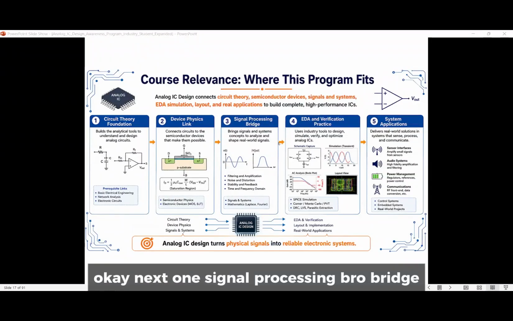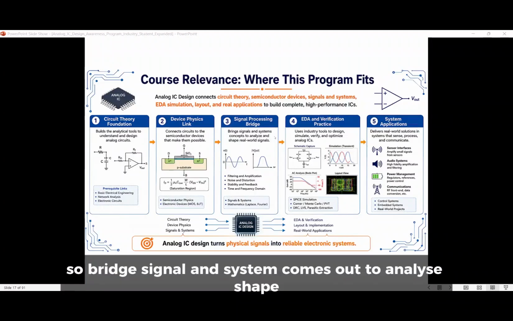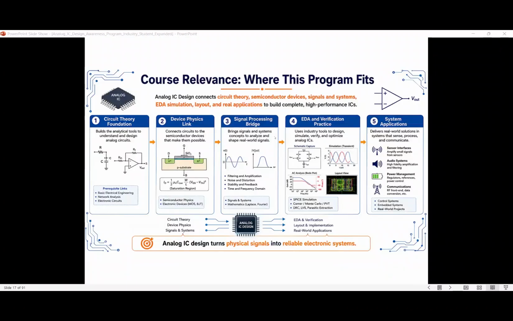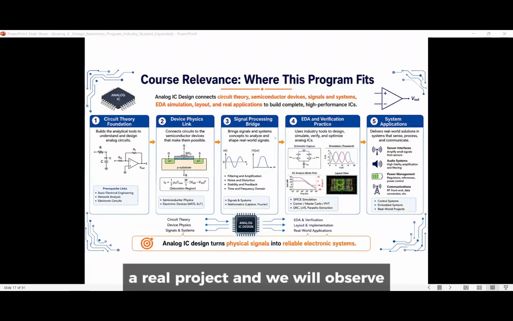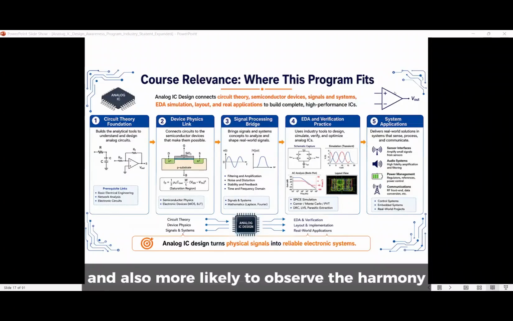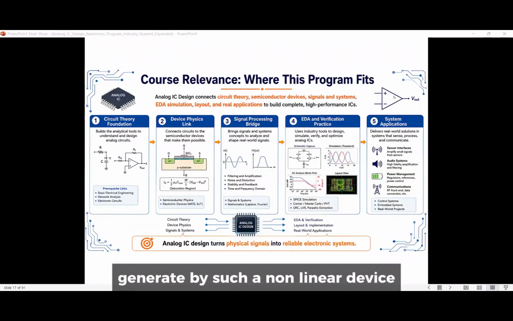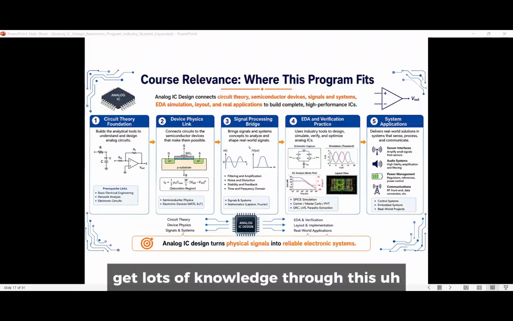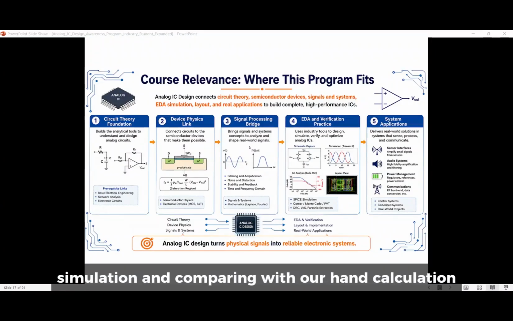Okay, next one, signal processing bridge. So it bridges signal and system concepts to analyze and shape real-world signals. We will have a real project and observe the input-output response, and more likely observe the harmonics generated by such a nonlinear device. We can gain lots of knowledge through this simulation and by comparing it with our hand calculation.